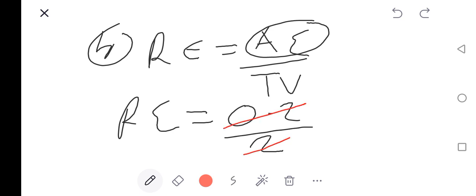You can't divide a big number like this into a decimal like this. So you have to first deal with the decimal.